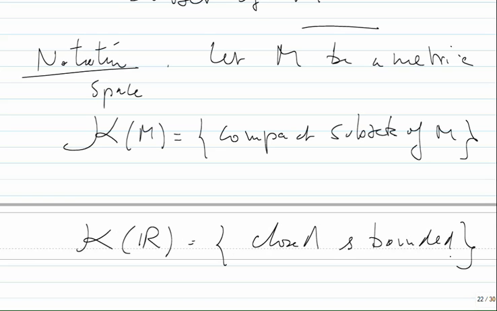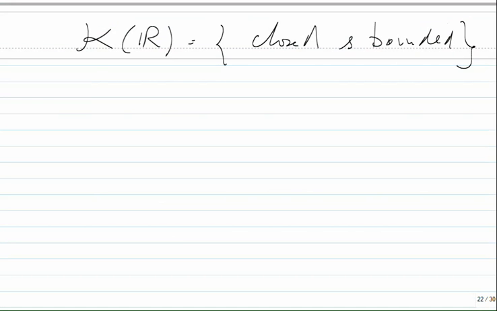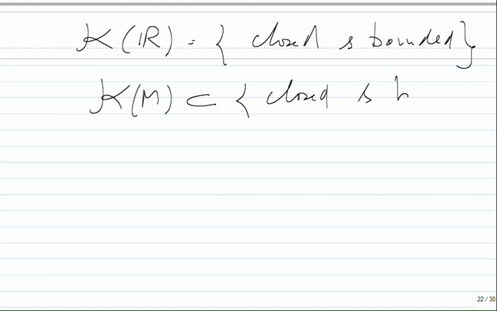But that's not the case in any metric space. So K(M) is included in closed and bounded sets, but we have to be very careful: this is not equal. Thank you. And in the subsequent webinars, we'll see more about compact sets.